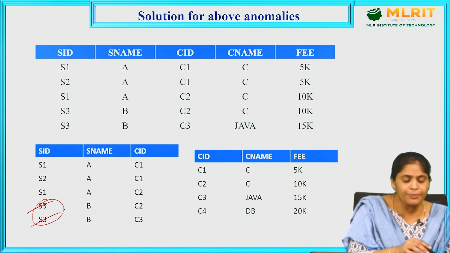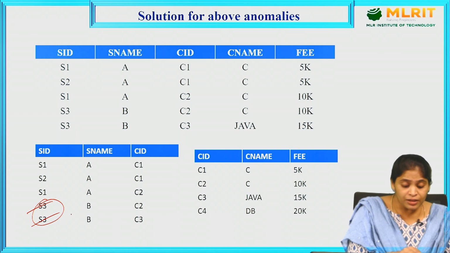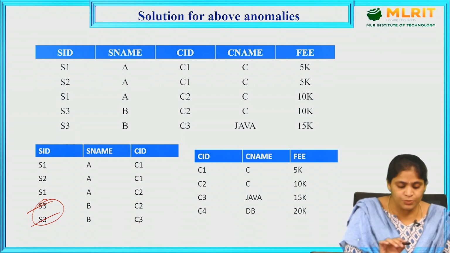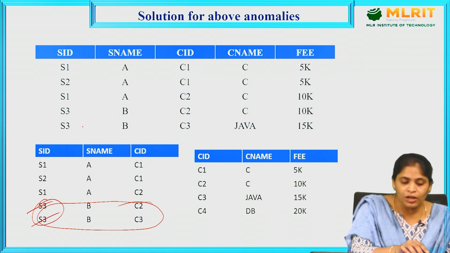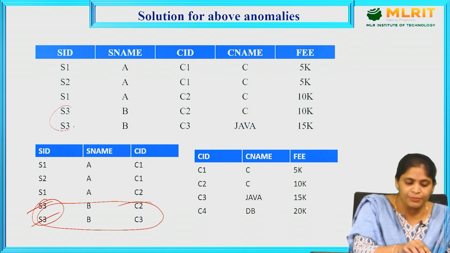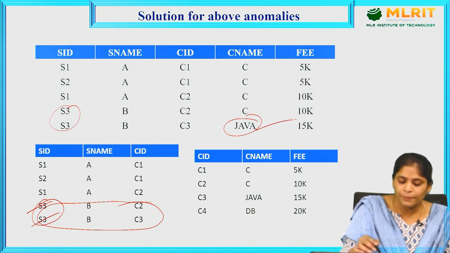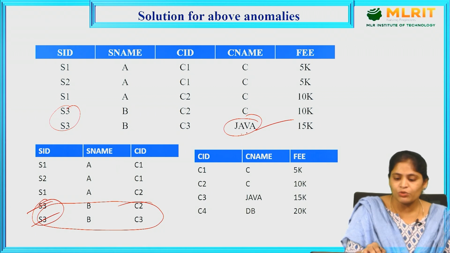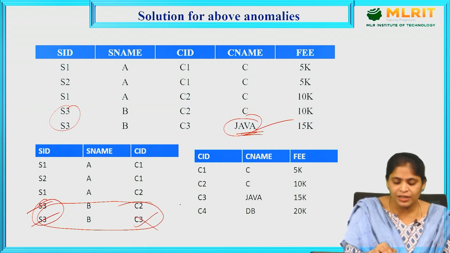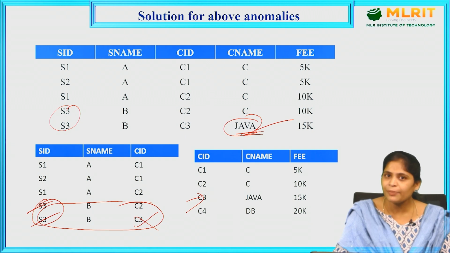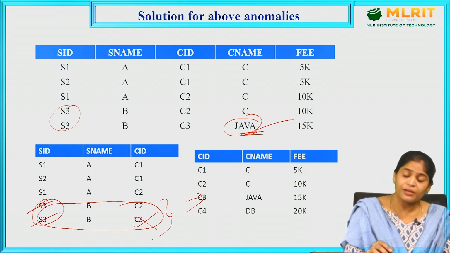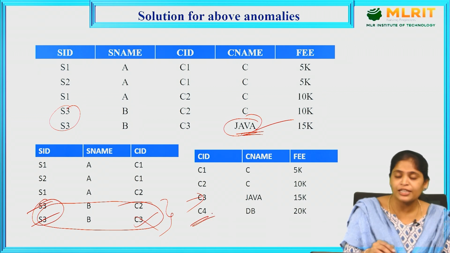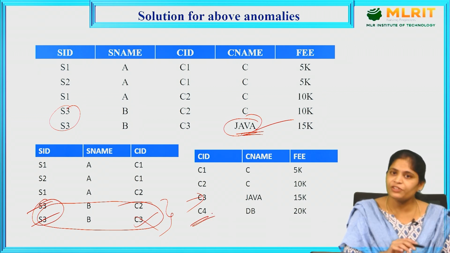So S3 can be deleted directly, and here the C2, C3 courses will be deleted, only the CIDs. If I delete S3 from here, the Java course will be deleted. Why? Because only one Java course was available. If I delete from this table, the Java course will still be available in the other table. So, if I delete from this table, the information must reside in another table. That is the purpose of decomposition.